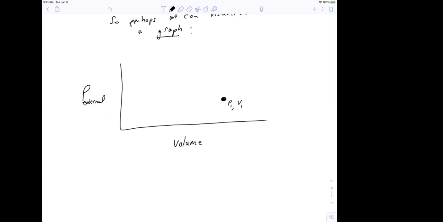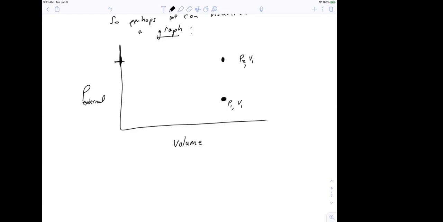Okay. And then what we'll do is go to a state here where the pressure is P2. My apologies. It's a vertical transition, so think about it here. We have a P2 here, but the volume doesn't change.